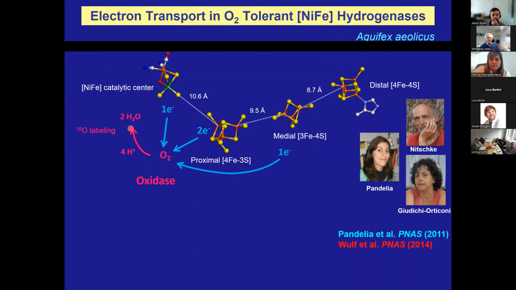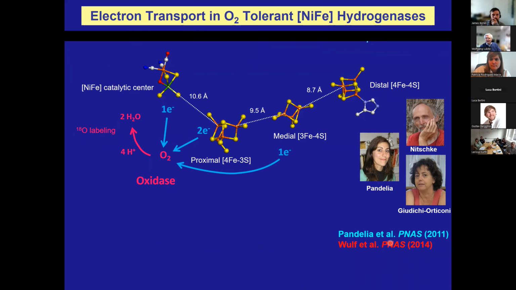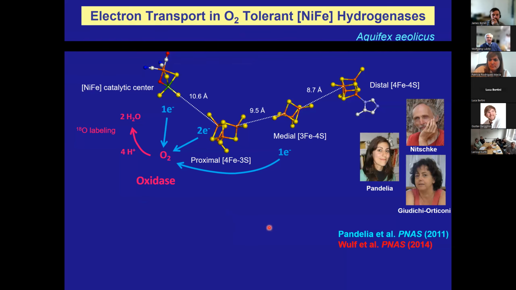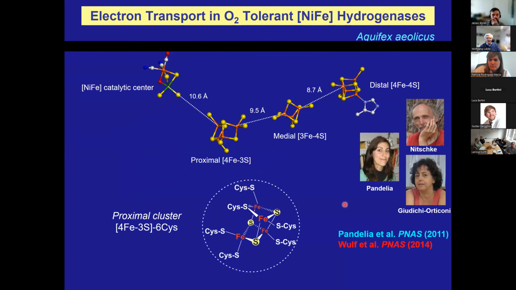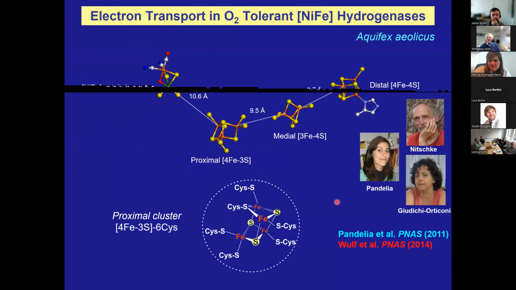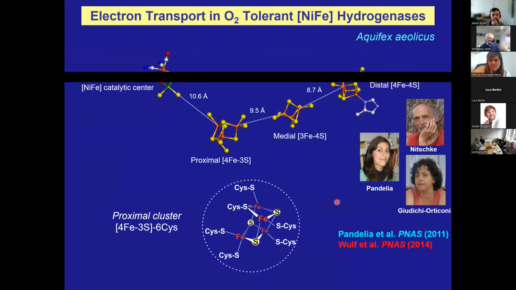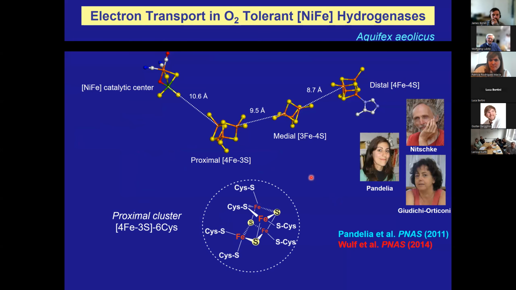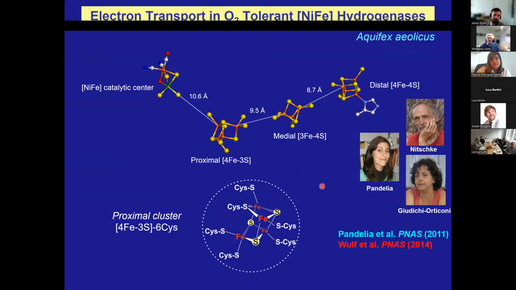And that was nicely also seen by other techniques, O17 labeling, by the group in Oxford already some years ago. And the structure of this proximal cluster is very strange. That was seen in X-ray crystallography by the group in Berlin, Bärbel Friedrich's, Oliver Lenz's group, and some of the co-workers, and also by Yoshiki Higuchi in Japan.